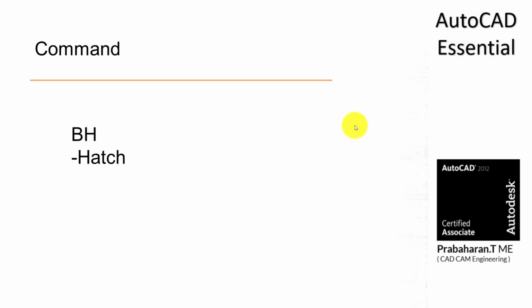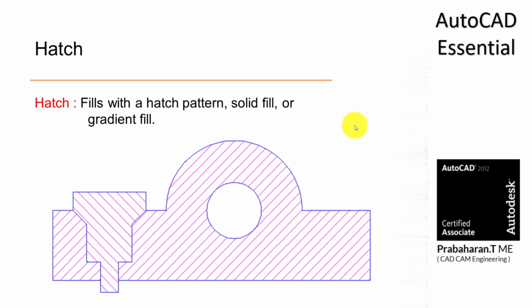In our AutoCAD, we can type HATCH, or in short form use BH, to get the hatch command. Generally the hatch command fills different types of hatch patterns to represent different types of materials. These can be different materials, solid fill, or different colors or a mixture of colors called gradient fill. Let us see it in AutoCAD.